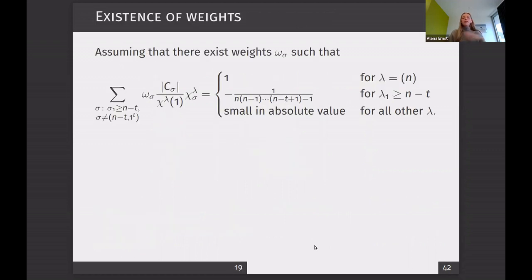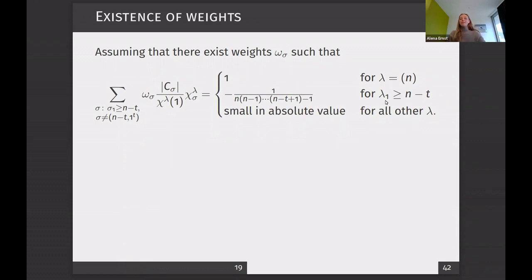Okay, and now let us assume that we would get some weights omega on these conjugacy classes that we were just talking about, such that this is our minimal eigenvalue, and the minimal eigenvalue is only corresponding to certain lambdas that we were just talking about a few slides before.